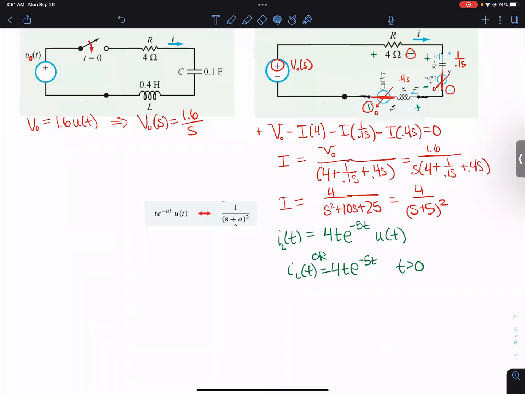Yes, questions? Can you explain the 1.6 over S, so that 4 over S squared and S is lost. I understand that you choose the S out, right? Then what do you multiply it to, like 4? Like it's a nice easy factor. Yep, I can do that.